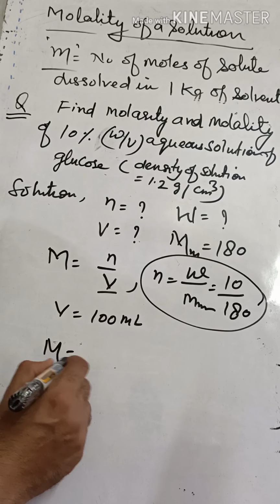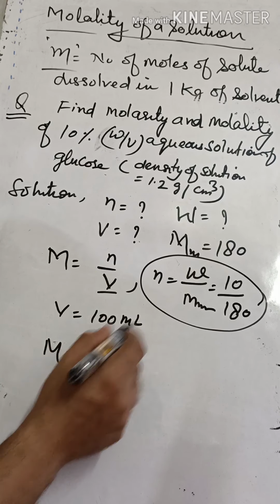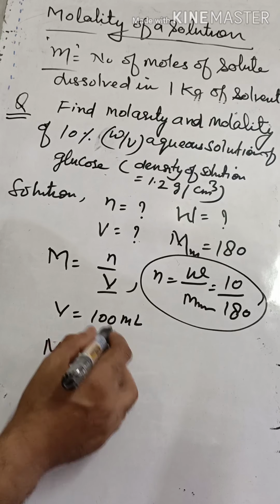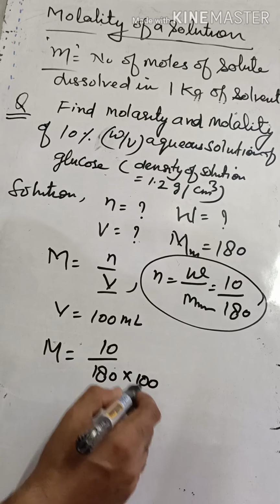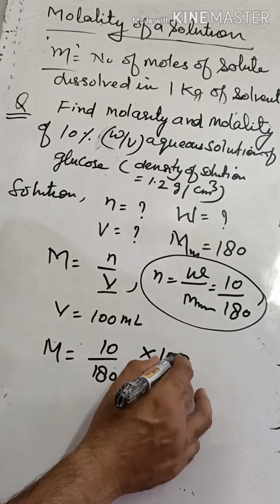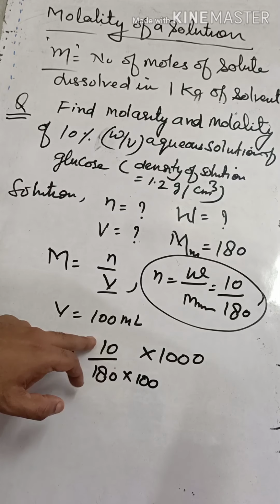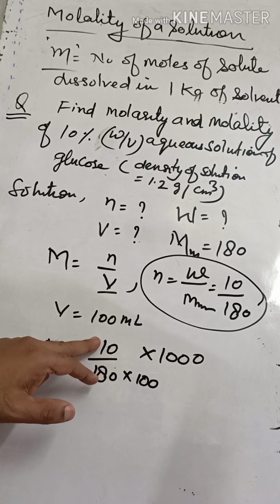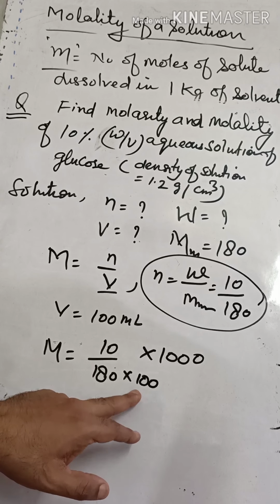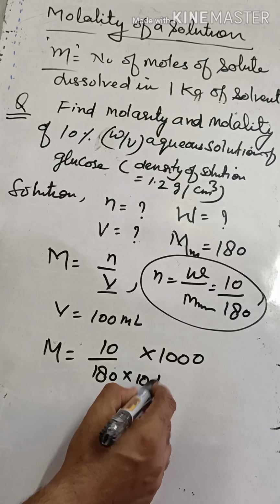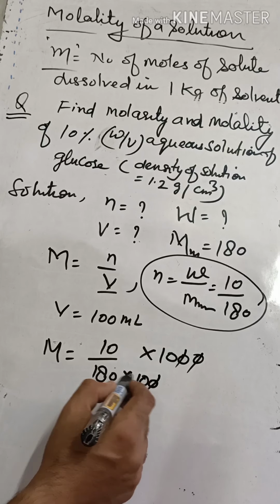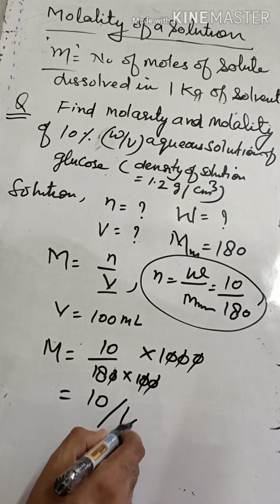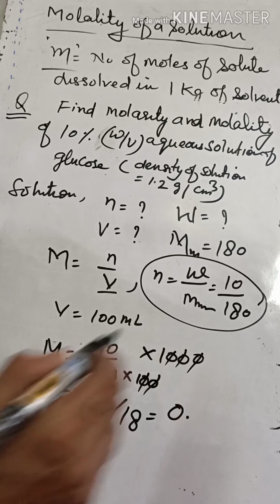So molarity is equal to 10 upon 180 divided by 100. Now it is in ml, so you will multiply here by 1000. So this is number of mole, this is volume. Simply we can simplify it.